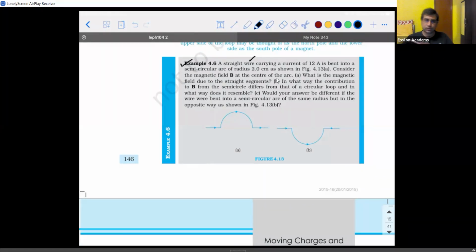If you observe, this is a straight segment, this is a straight segment, and this is a semicircular segment. So this whole system is made up of 3 conductors: one straight conductor on the left, one semicircular conductor, and a second straight conductor on the right.